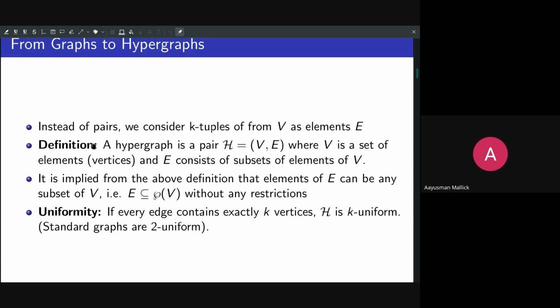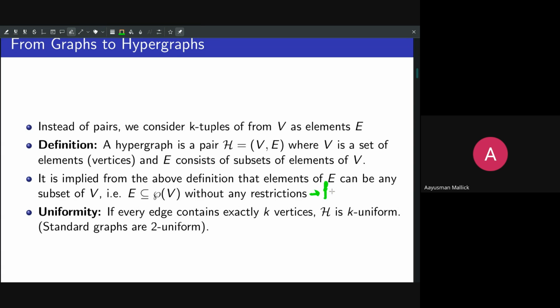So if we had not written for the edge set of a graph to be a subset of the power set of V, which is true, then we would also have to restrict it by saying that for all small e belonging to capital E, their cardinality is 2.